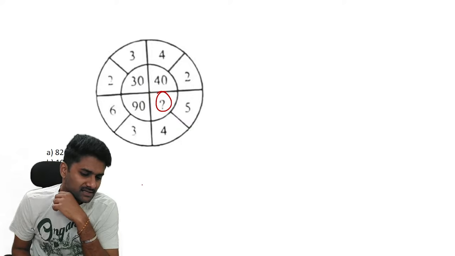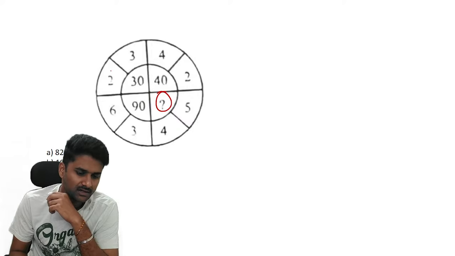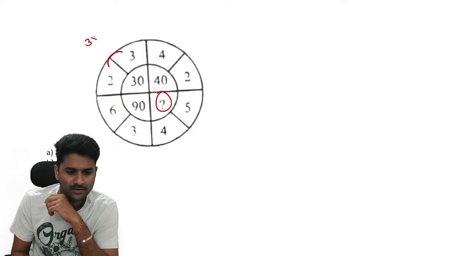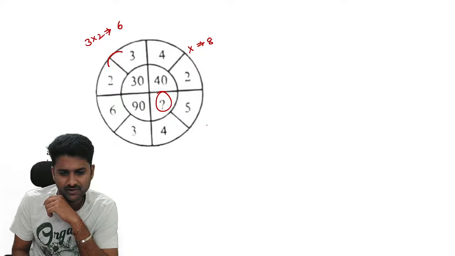So one answer is 100. Now see here the logic. 3 into 2 is equal to 6. 4 into 2 is equal to 8. 5 into 4 is equal to 20. 6 into 3 is equal to 18.